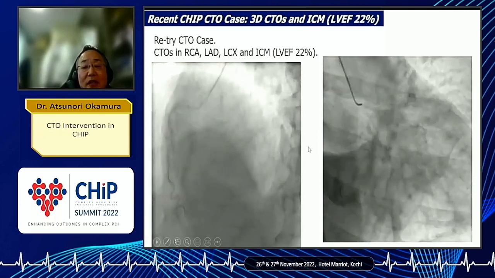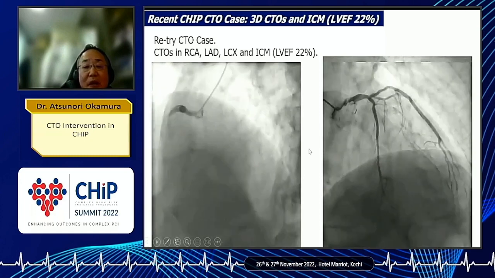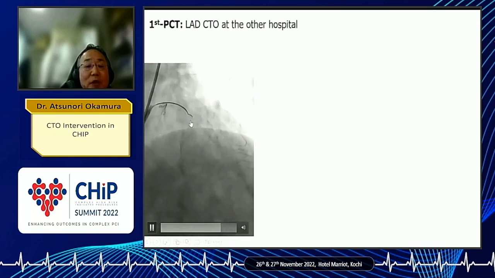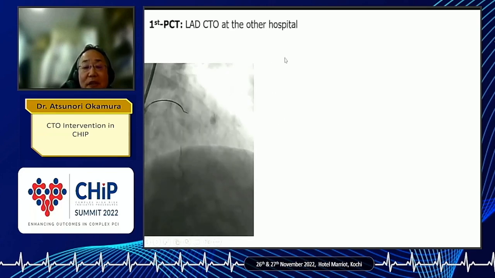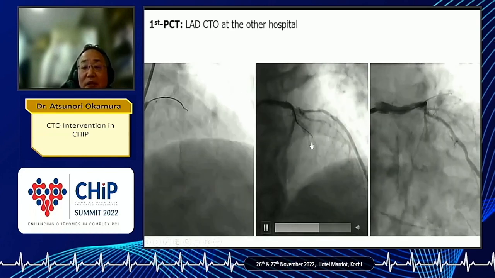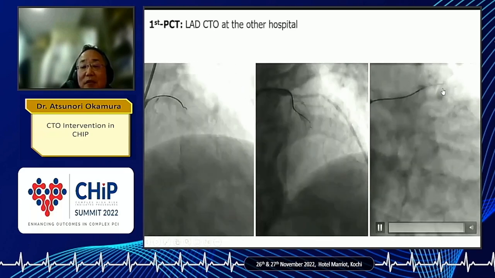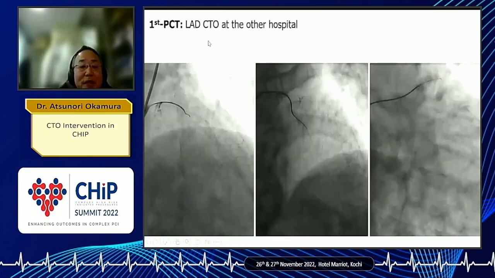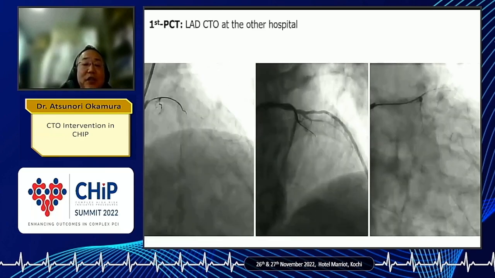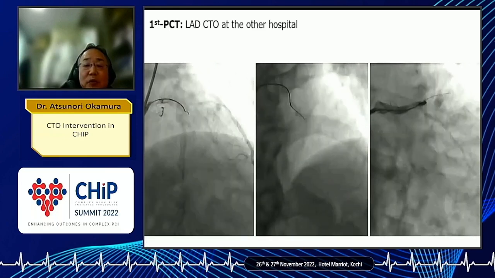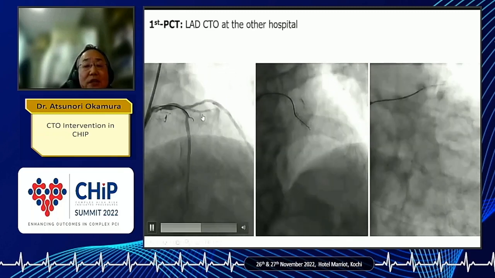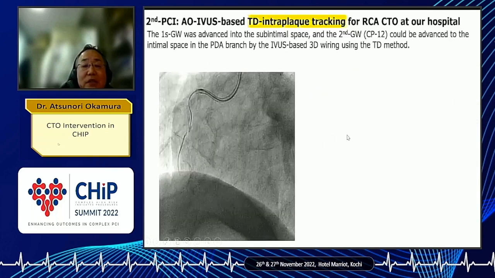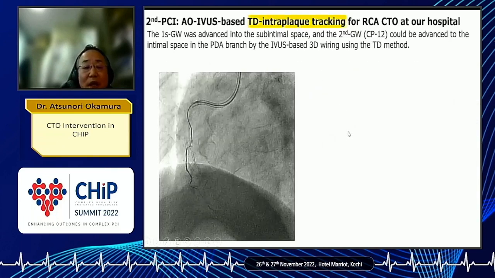The first PCI was performed in another hospital, but the guide wire could not enter the true lumen. Maybe the guide wire was in the subintimal space. They stopped the procedure because there were three CTOs, so it was impossible to perform the retrograde approach. So the patient was transferred to our hospital and I performed the PCI using the IVUS guided wiring.